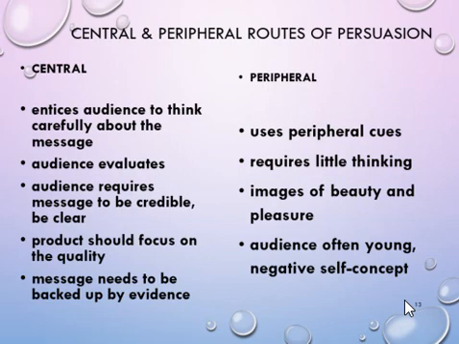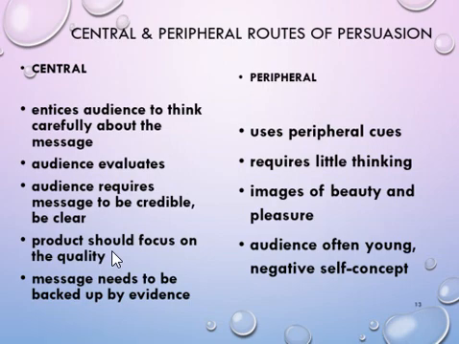An audience is often young, uneducated, with negative self-concept. I want you to remember that if a person has high self-esteem and positive self-concept, it's very hard to persuade them, because it works almost like cognitive dissonance.